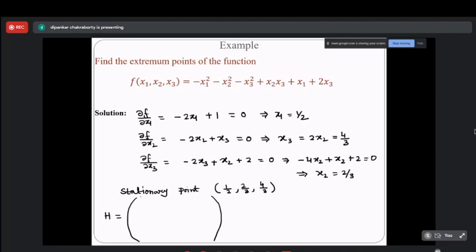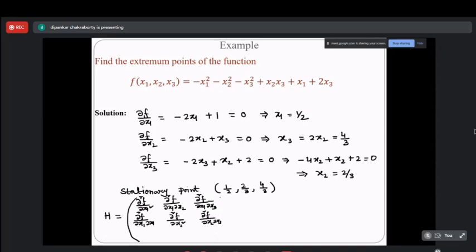So if I ask you what is the first element in general, del 2f del x1 squared, right? Del 2f del x1 del x2, del 2f del x1 del x3, okay? Del 2f del x2 del x1, del 2f del x2 squared, del 2f del x2 del x3.